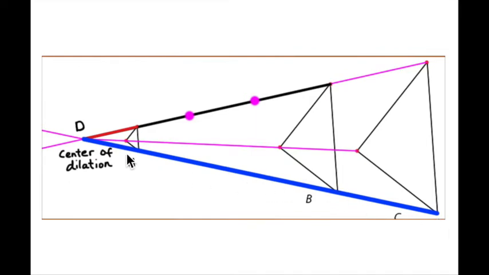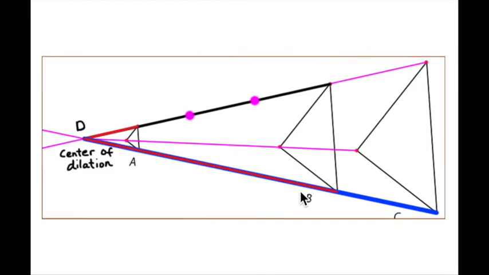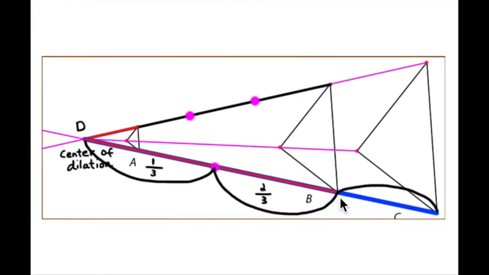So what fraction is this length DB of the whole length, which is DC? So again, you just have to estimate. And so this is the last piece here. So if I can find out how many of these pieces are in this whole length, then this is going to be a fraction of that.